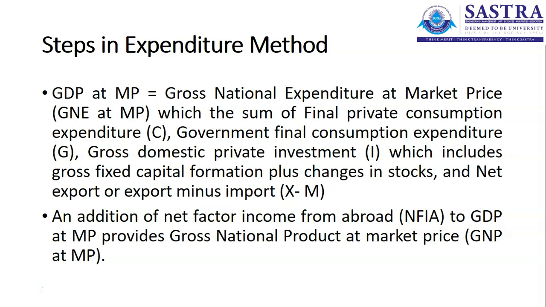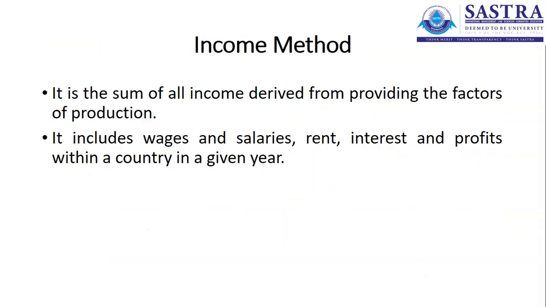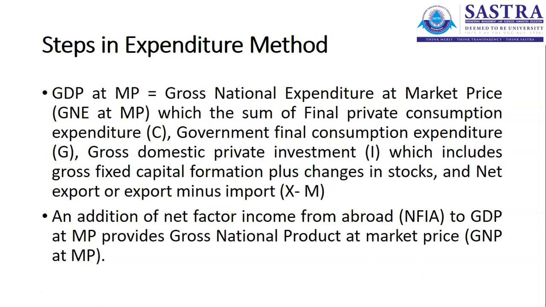Together we add these to calculate the gross domestic product at the market price. In addition to this, net factor income from abroad added to gross domestic product at market price provides the gross national product at the market price. So we calculate the gross national product at the market price under the expenditure method.